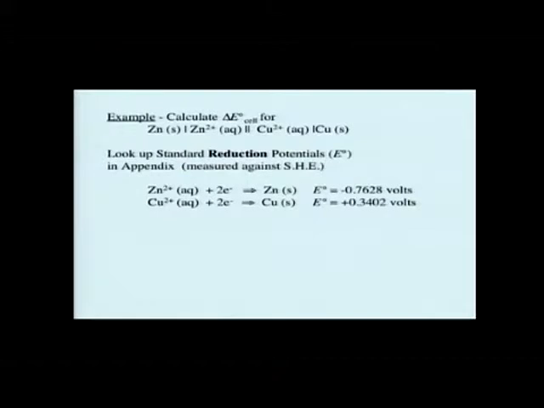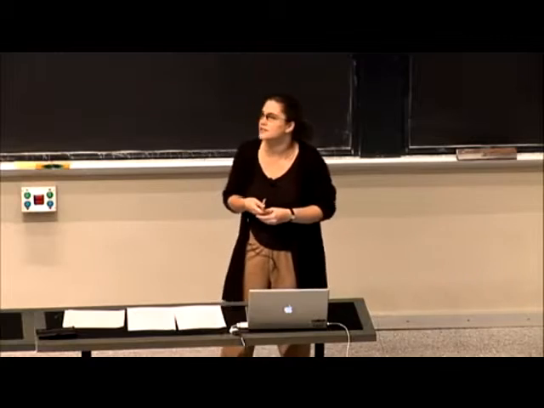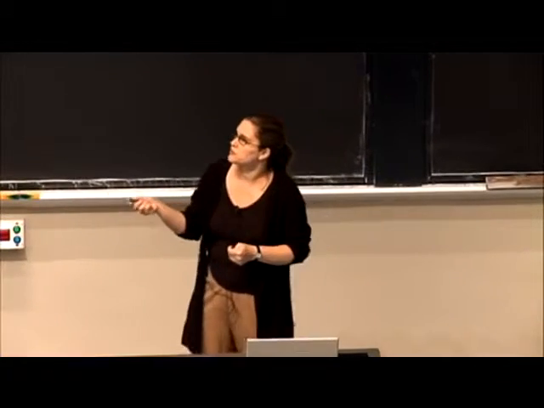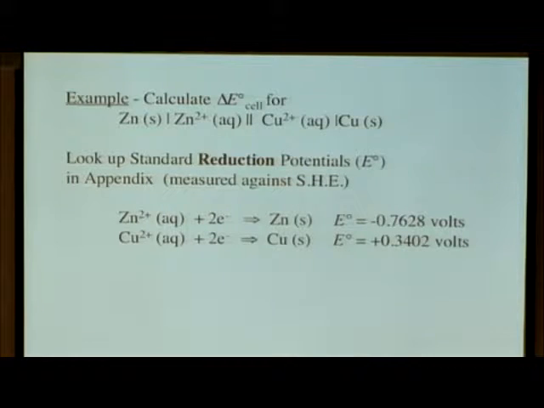So where do we get our standard reduction potentials? Well, your textbook has tables of many standard reduction potentials, and of course, on an exam, you would be given that information. The standard reduction potentials are measured against the standard hydrogen electrode. We talked last time about what some of these abbreviations mean.